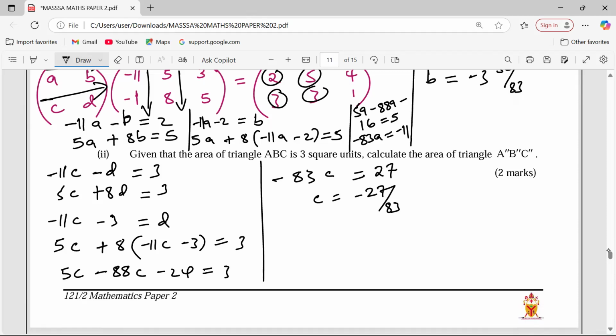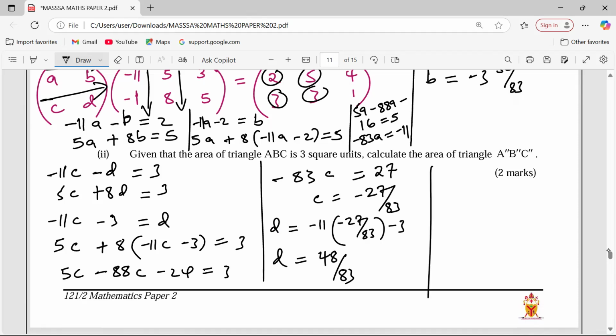Then now we can talk about the value of D, which is negative 11 times the value of C, which is negative 27 over 83, minus 3. So negative 11 into negative 27 over 83, then I subtract 3. This is going to be 48 over 83. So we have every element.